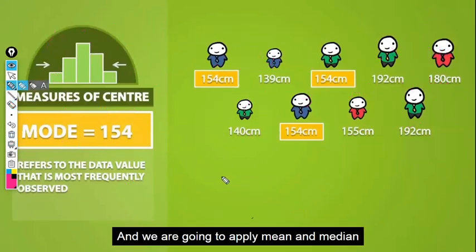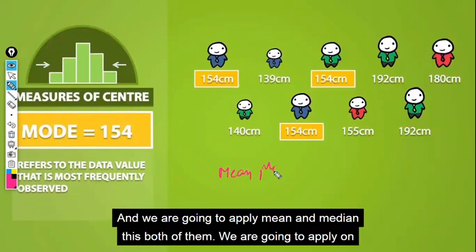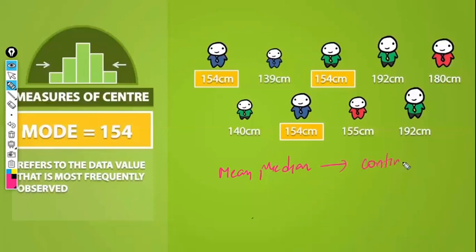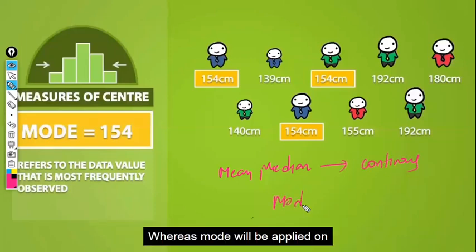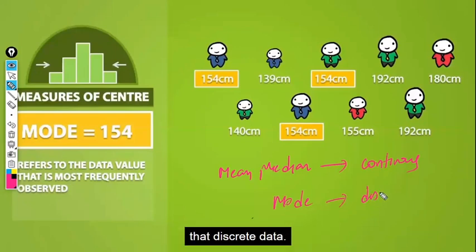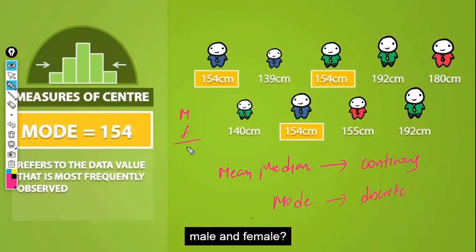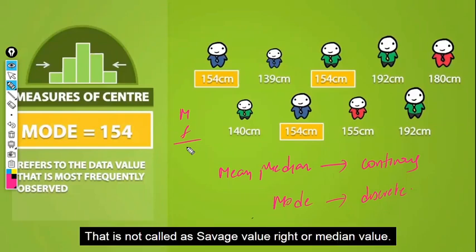And we are going to apply mean and median on the continuous data, whereas mode will be applied on the discrete data. For example, male and female. What is the average of male and female? Transgender, no, right? That is not called an average value, or median value.